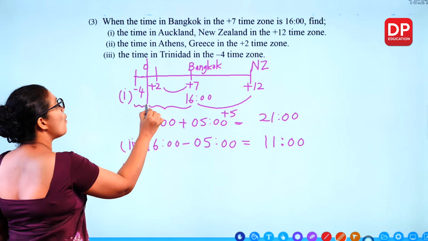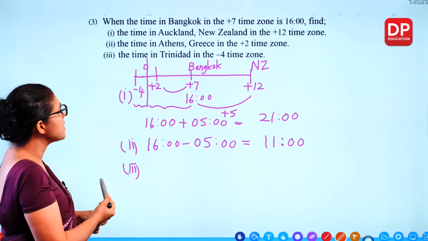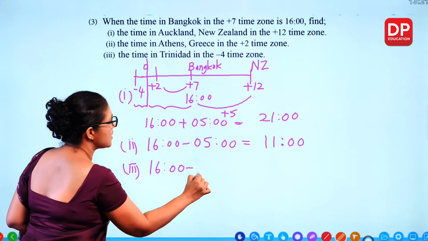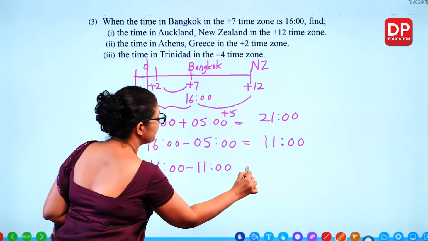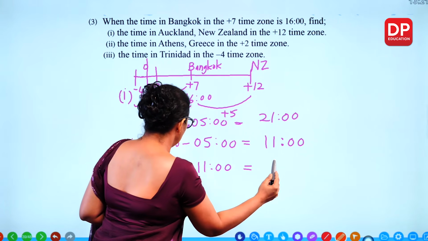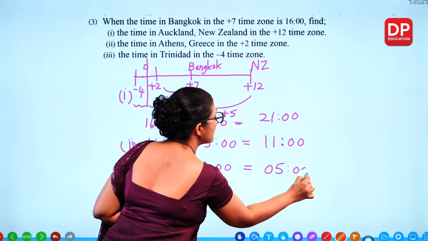Another 4, altogether 11 hours. So you have to subtract 11 hours from this. So 16 minus 11. You get 5. 5 in the morning.